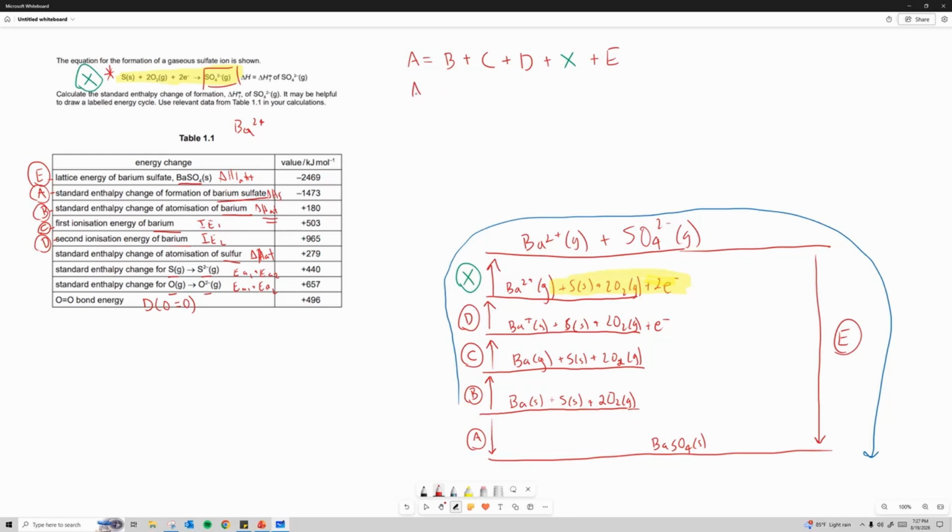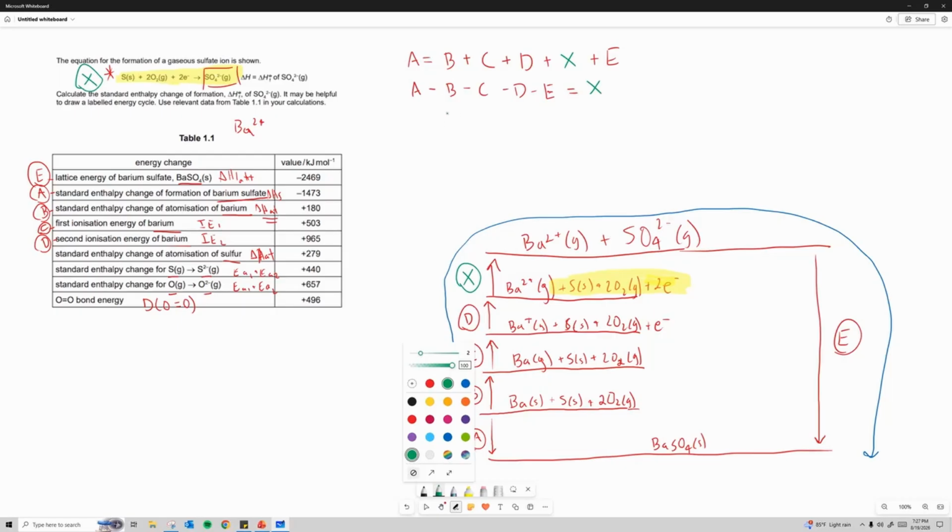We're going to say that A minus B, minus C, minus D, minus E, because we want to isolate X and bring all of those over to the other side, is equal to X. And that's it.